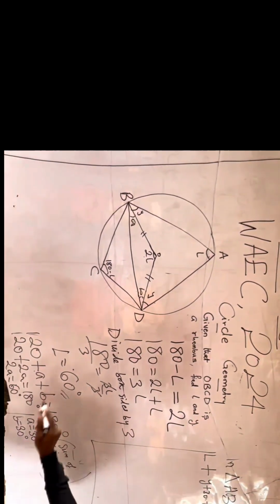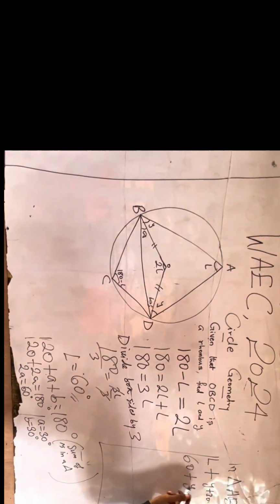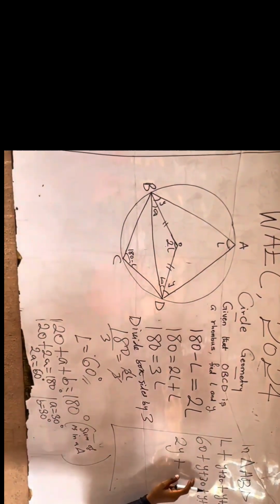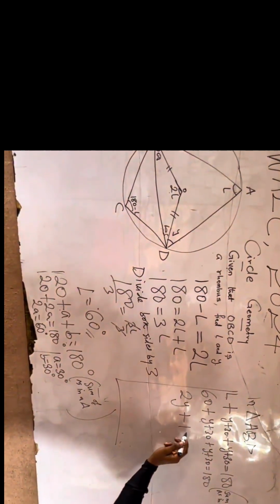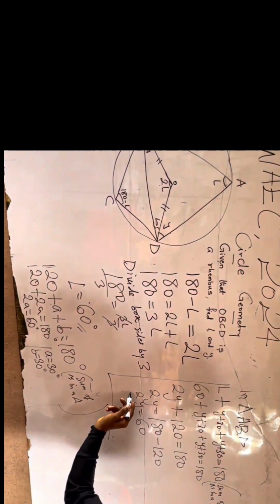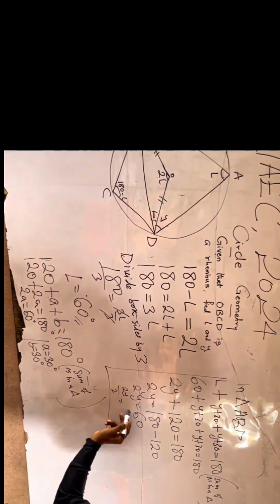We already know L is 60. So 60 plus y plus 30 plus y plus 30 equals 180. Adding, you have 2y plus 60 plus 30 plus 30, that is 120, equals 180. So 2y equals 180 minus 120, so 2y is equal to 60. Divide both sides by 2, so 2y over 2 equals 60 over 2, and y is equal to 30 degrees.